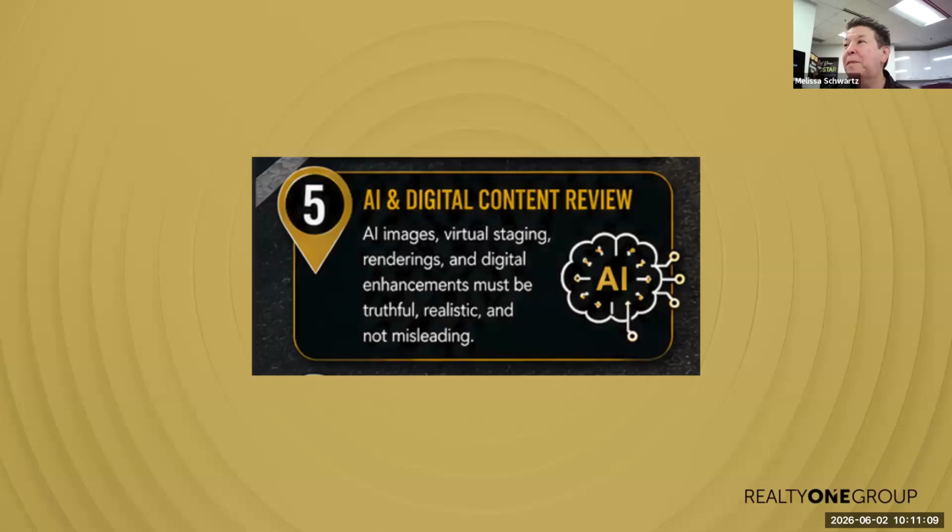I was looking at one Sunday, and they did AI digital content, and they did not put that it was AI. They put the before and the after, but they didn't do the wording. So you're still supposed to put that wording there as far as I know, but ARMLS is going to be looking for that. I will have to look up the information on that, but definitely put that in there.